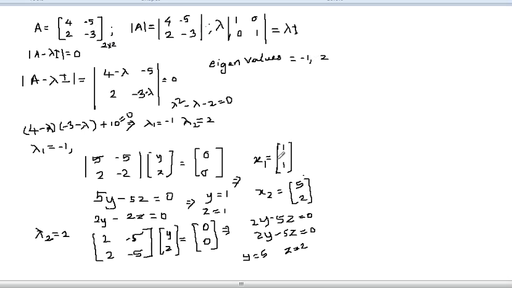So the meaning is, if there is a matrix S which is having these eigenvectors as its columns, means our S is having the eigenvector x1 as one of its columns, and x2. How many are there?